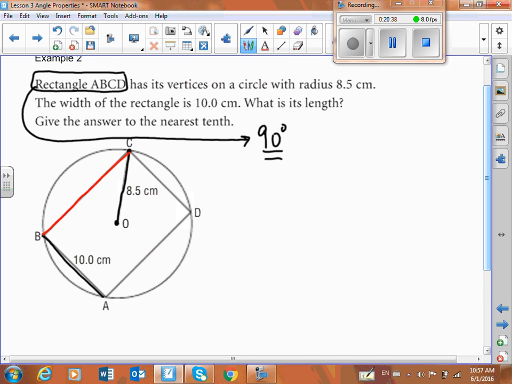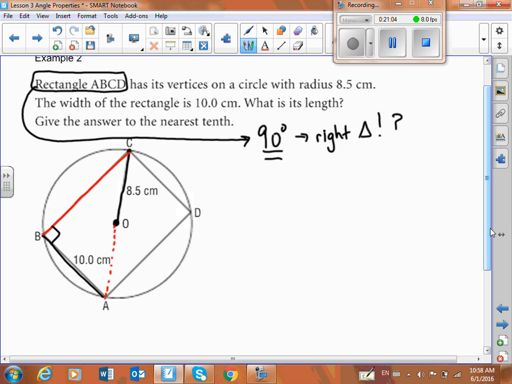So I know that this is a 90-degree angle here, and I know the other three are too, but I'm not going to add those to the page. Okay, still not quite there, and I want you to be alert. 90 degrees really is hinting at a right triangle. Okay, can I make a right triangle? Sure I can. What if I finish this to here?